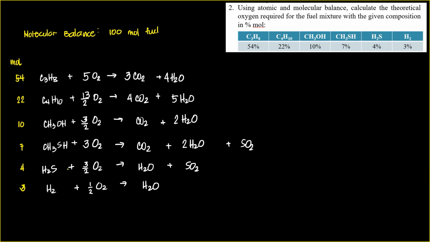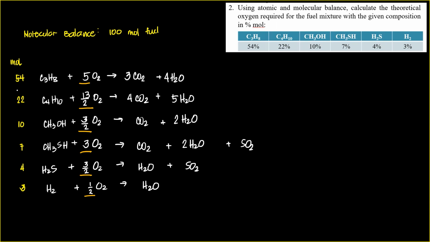Lastly, H2 is okay. This is 1 half. So since we're looking for the theoretical amount of oxygen, guys, what I would like you to focus more is each of the coefficients of the oxygen. Diba? So, kung 1 mole nito, 5 moles ito, eh ilang moles ba ng C3H8 meron? 54.